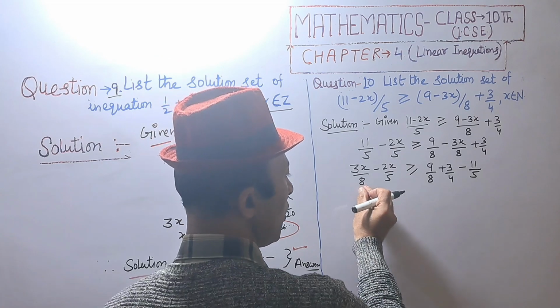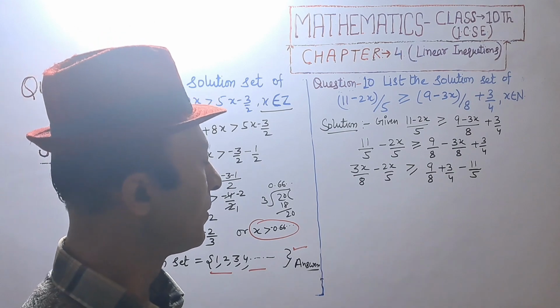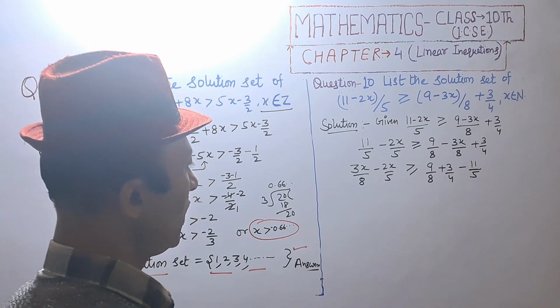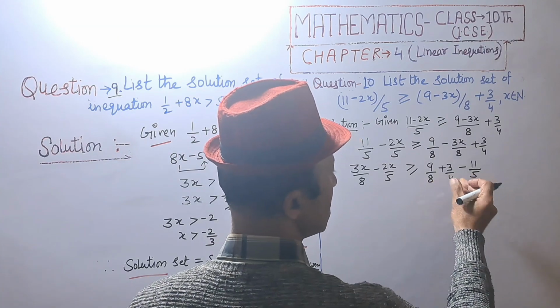The LCM of 8 and 5 is equal to 40, since 8 fives are 40. And the LCM of 4, 8 and 5 will be 40.